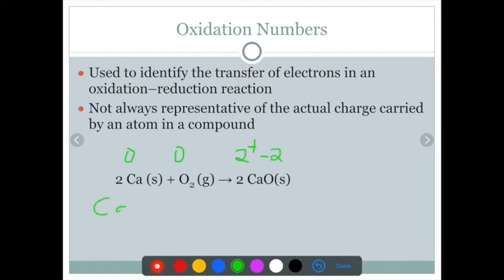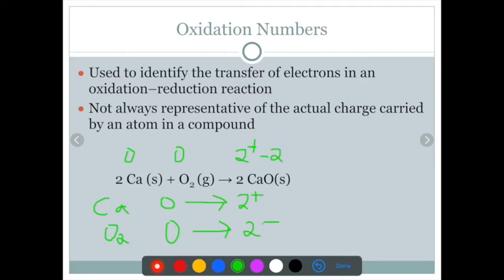So for calcium, we're going from 0 to +2. In oxygen, we're going from 0 to a -2. So remember, electrons are negative. If my number is going to be more negative, that means I'm gaining electrons, so that would be reduced.